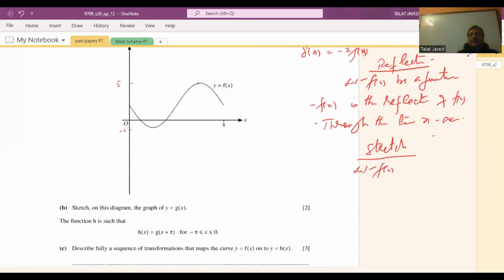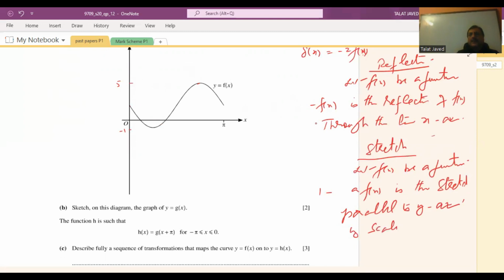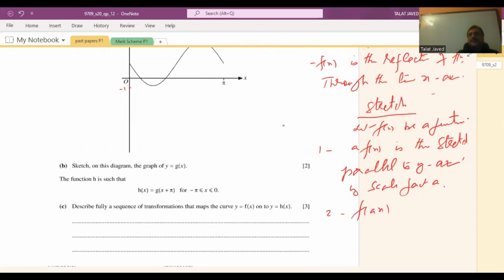If we have f of x as a function, then a times f of x is a stretch parallel to the y-axis by scale factor a. Similarly, the second property is f of ax, a stretch parallel to the x-axis by scale factor.